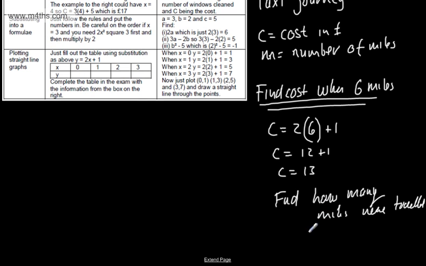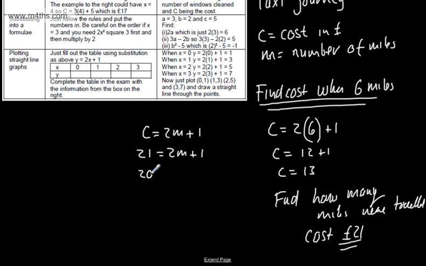So I know that C is equal to 2m plus 1. The cost this time is 21, and that's equal to 2m plus 1. We're finding the number of miles, which is m. Subtracting 1 from both sides of the equation, 2m is equal to 20. Dividing both sides of the equation by 2, m is 10. So we could say 10 miles were travelled.